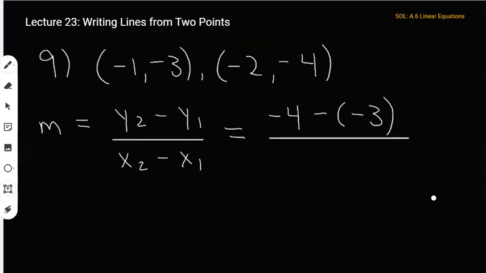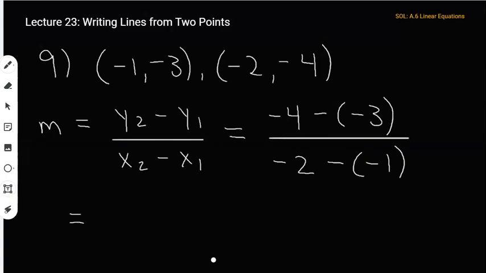But as for my x values, it's kind of the same story. I've got -2 right here, and I'm going to be subtracting -1. So that's also going to give me a double negative. So I put all my numbers in there, and I do the top, and then I do the bottom.